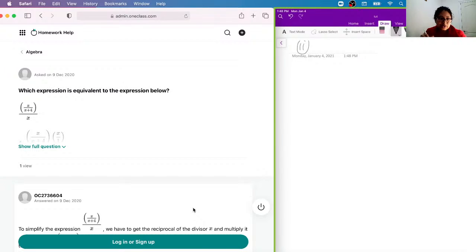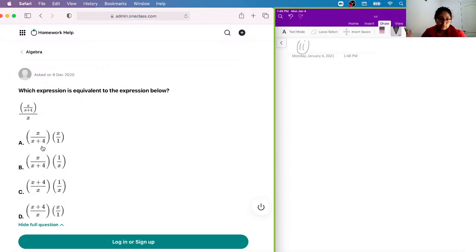Okay, so our next question says, which expression is equivalent to the expression below? What we're trying to do here is basically simplify the given expression, to see what it equals.